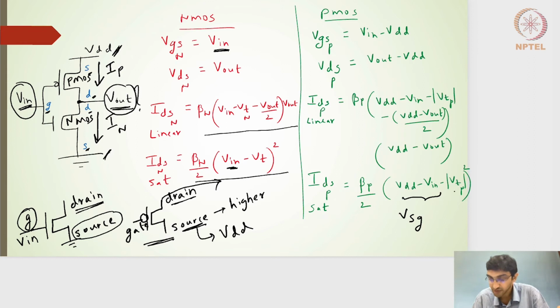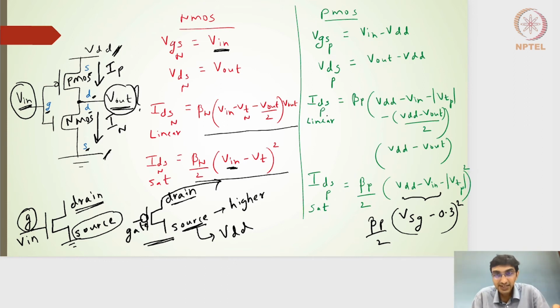VT for the PMOS is, as I've said earlier, always minus 0.3, so I've taken the mod of it, and it will be 0.3, the whole square. So this is what I'm assuming, with beta P by 2. VSG is expressed as VDD minus V input, so that's what comes here. This particular expression of the PMOS current in saturation is nothing but beta P by 2 into (VDD minus V in minus the mod of VT) the whole square.